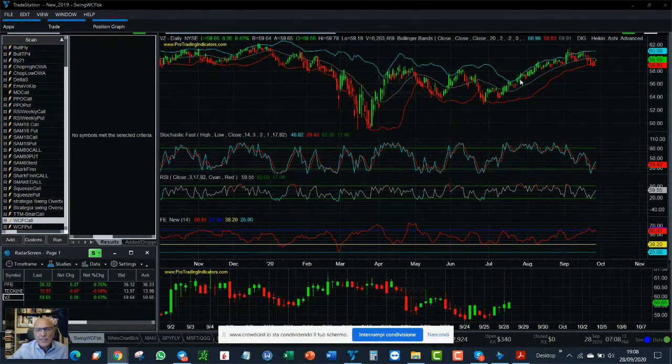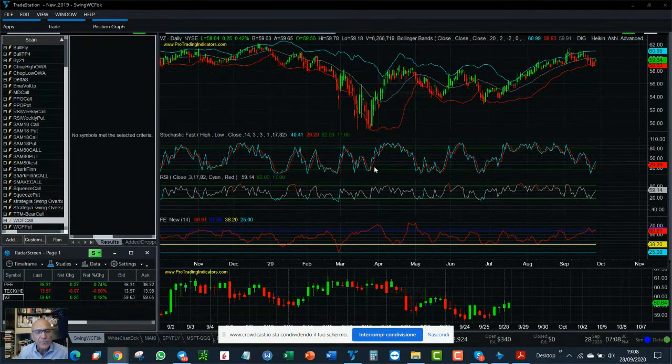So it's a really good way of spotting the trend of the underlying equity that we are monitoring. Then below we have our oscillators that we use in this case for this setup.